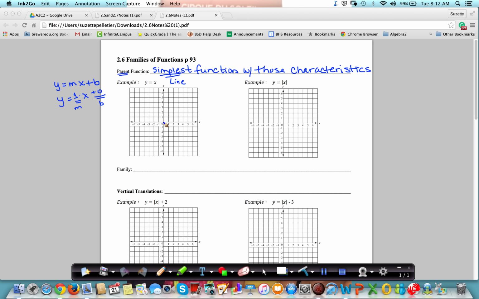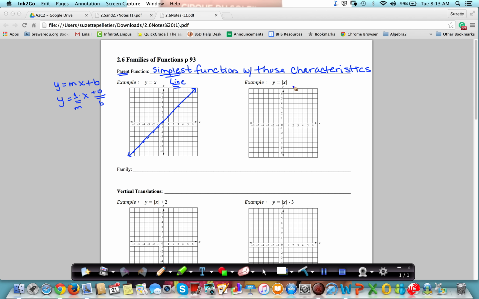Okay? Starts at 0 and has a slope of up 1 and over 1. Okay, so I'm going to try to do this really freehanding it here without a ruler. So this is the parent function of a line.